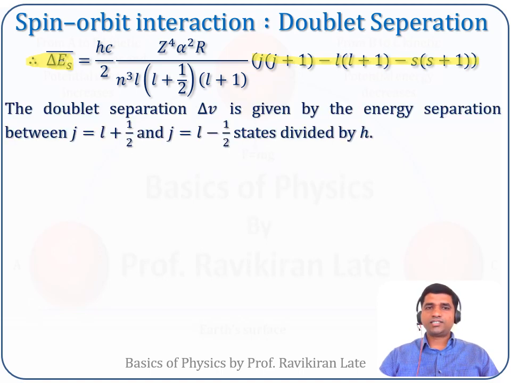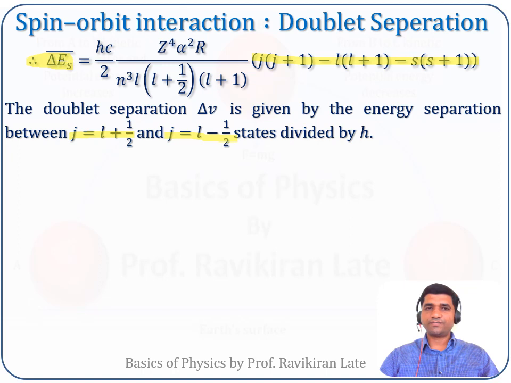Now for doublet separation, let us say delta nu is the doublet separation between the two energy levels with J equal to L plus half and J equal to L minus half. In order to get the doublet separation, we just use the simple Einstein energy formula, that is the energy difference between the two states divided by h. It will give you the doublet separation frequency.